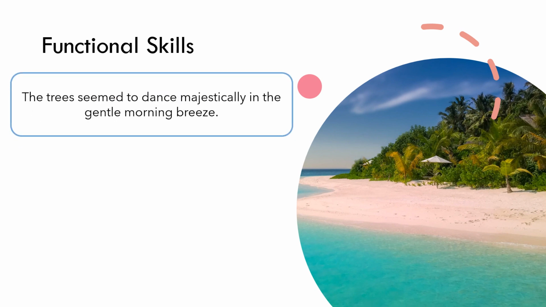So the first one then, the trees seem to dance majestically in the gentle morning breeze. So I want you to think about that example. Think, is there any actual kind of language technique there? And what do we actually learn about the kind of words that have been used?